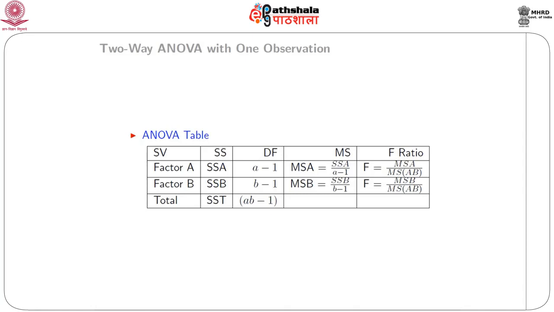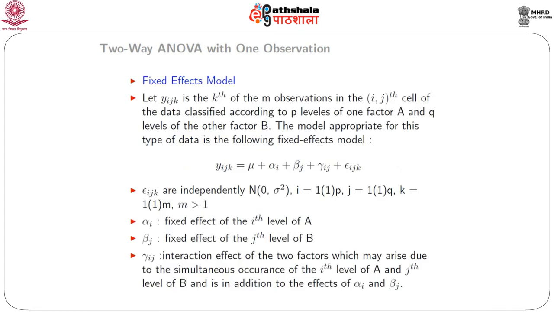Then SS, sum of squares, degrees of freedom DF, mean squares MS, and F ratio, which is obtained by dividing one MSA by another thing. So, this is the main idea of an ANOVA table. In most cases, you must have also another row for errors which has been omitted here by mistake.